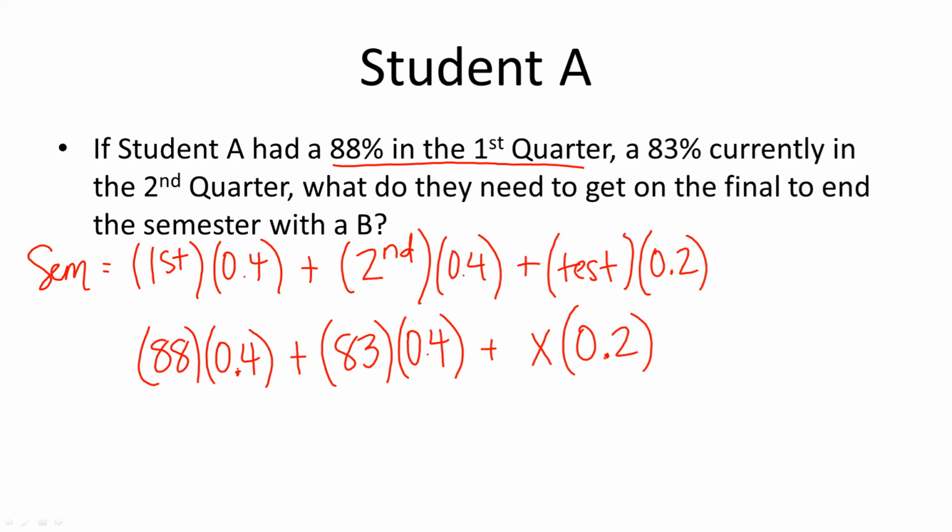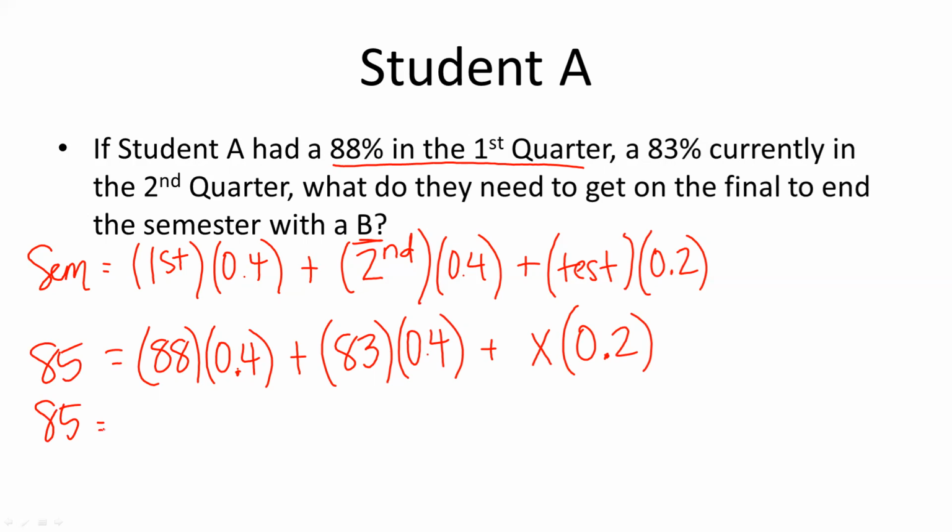And they want a B. So a B could be anywhere. Technically a B minus would be 80%, all the way up to an 89% would be a B plus. So let's just pick middle of the road, 85, okay? So let's say that they wanted to end the semester with an 85. What do they need to get on the final, okay? So now we just go ahead and solve.